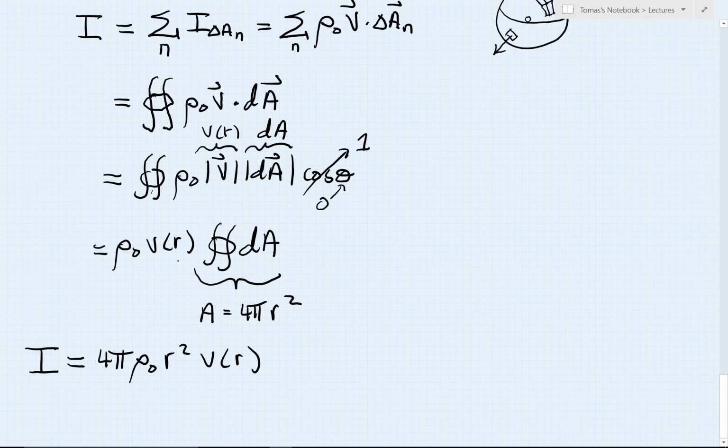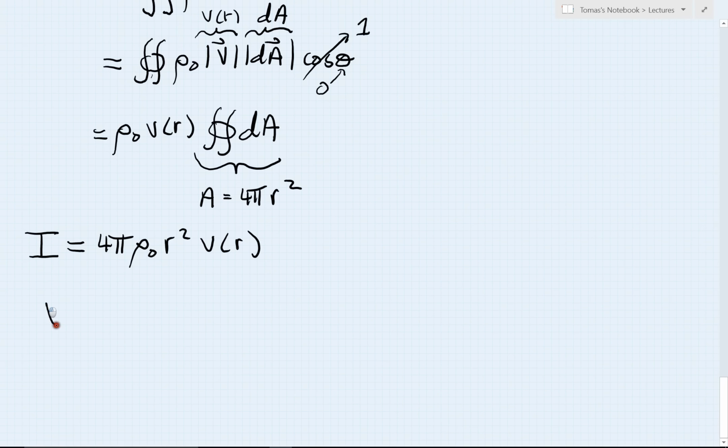So finally, we are able to actually solve for the velocity field from this point source. So the velocity, v of r, is going to be nothing other than I divided by 4 pi rho naught r squared. That gives me the magnitude of the velocity.